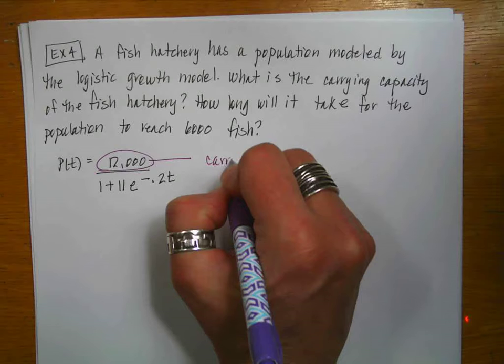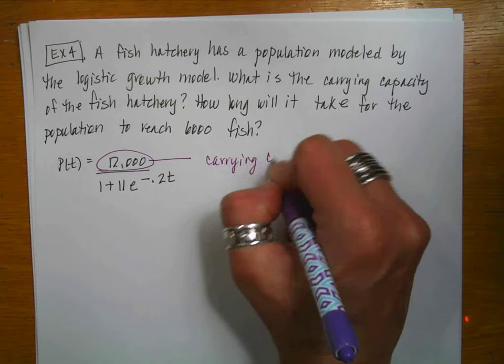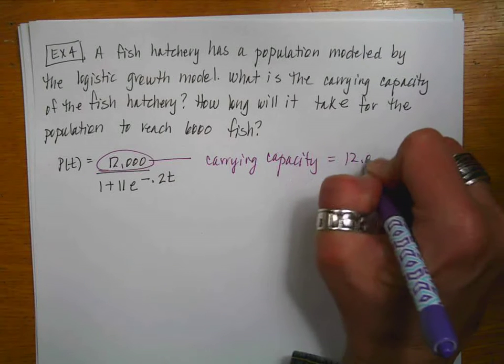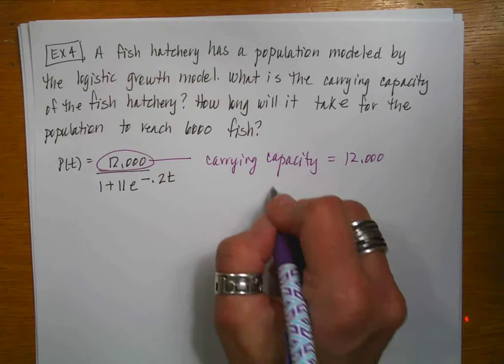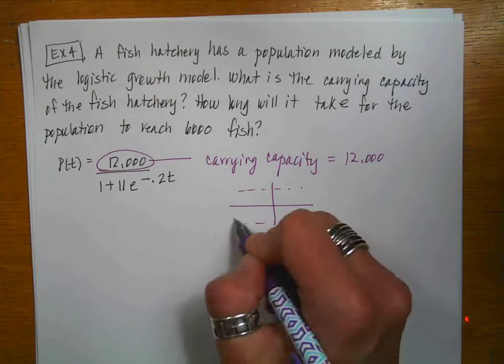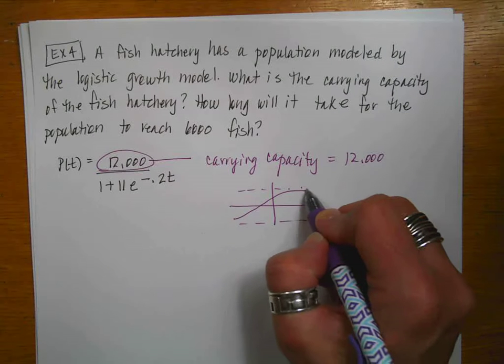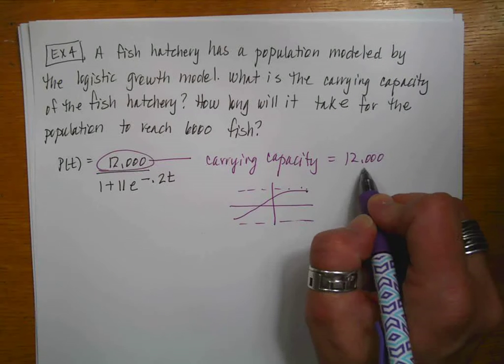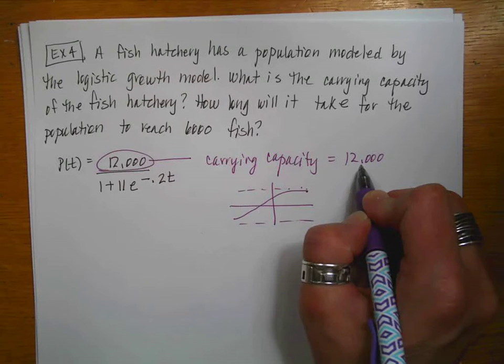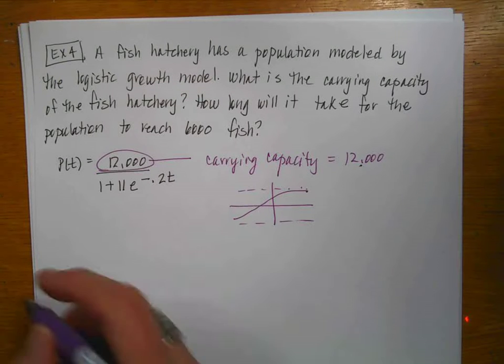Notice that this is going to be my carrying capacity, so my carrying capacity is going to equal 12,000. And remember, if you think about the graph of the logistic model, that is that top horizontal asymptote, meaning that the population's not going to exceed 12,000.